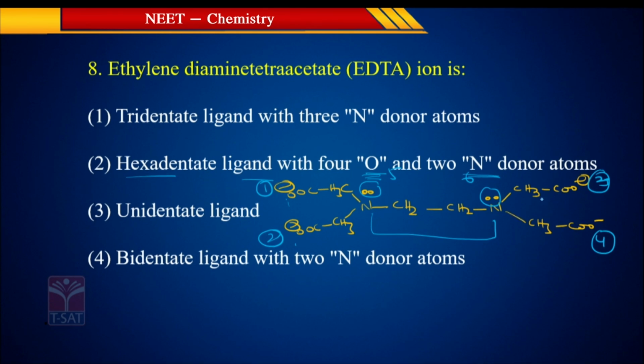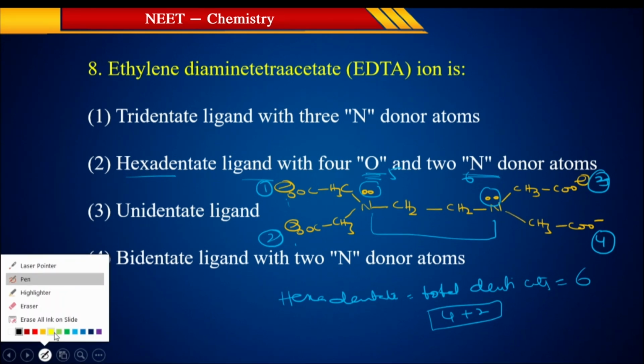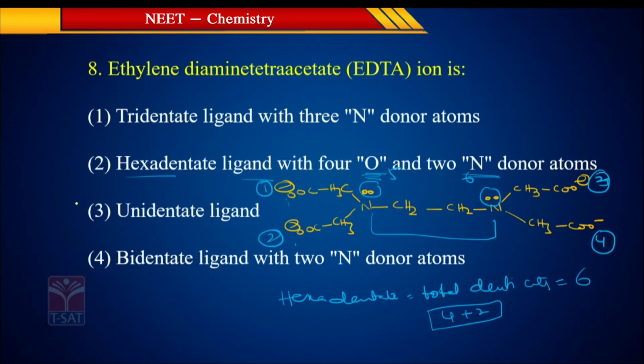We can see 4 oxygens donating electron pairs and 2 nitrogens donating. Hexadentate means total denticity is 6, right? 4 plus 2. So, the correct option is option 2.